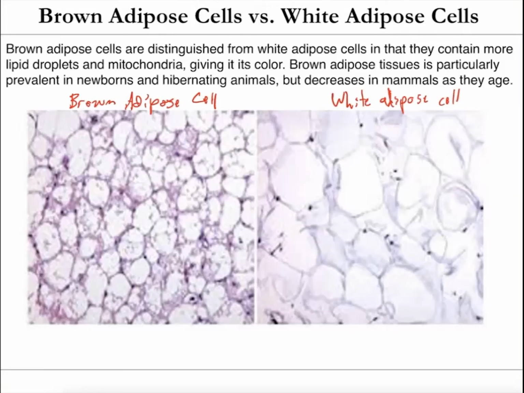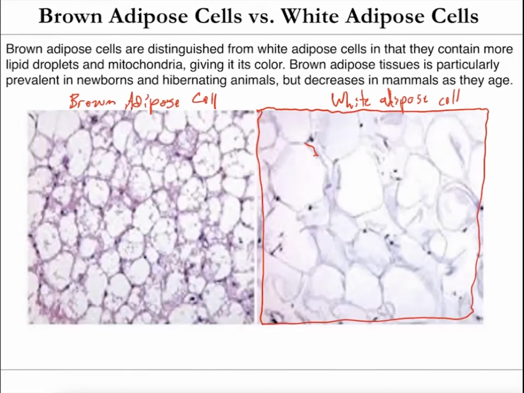In your adipose tissue, which is basically fat tissue, most of your cells, especially as adults, are white adipose cells. Each of these cells contains one really big lipid droplet that has all these triacylglycerol fats that you can use for energy, especially under stuff like starvation conditions.